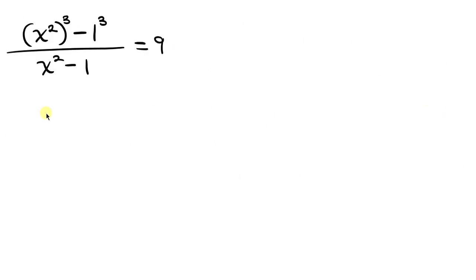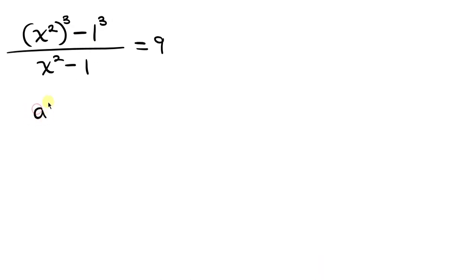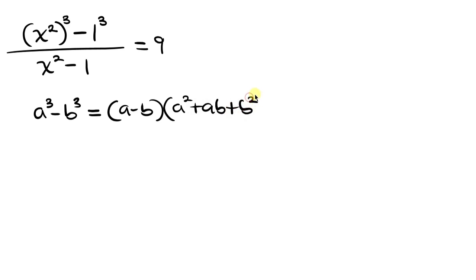Well, the property of difference of 2 cubes is, for example, when I have a cubed minus b cubed, which is difference of 2 cubes, this is equal to a minus b times a squared plus ab plus b squared.